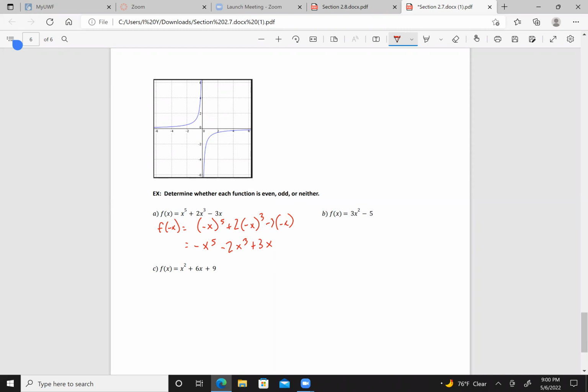However, if I look at negative f of x, that means I take the negative of everything. Negative of x to the 5th plus 2x to the 3rd minus 3x. Distributing this, I get negative x to the 5th minus 2x to the 3rd plus 3x. So this function is odd.